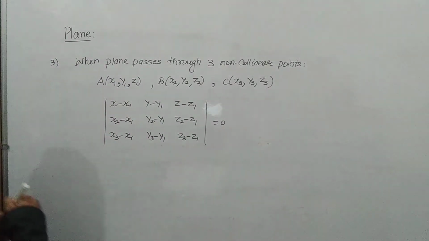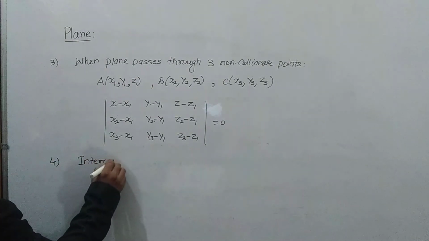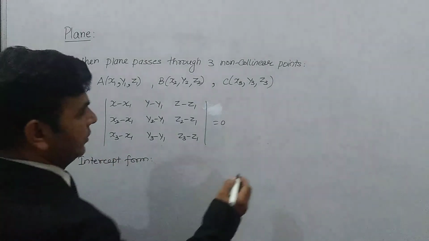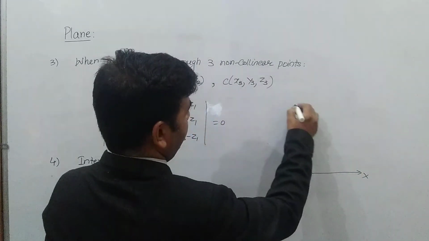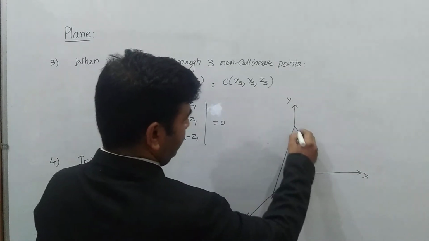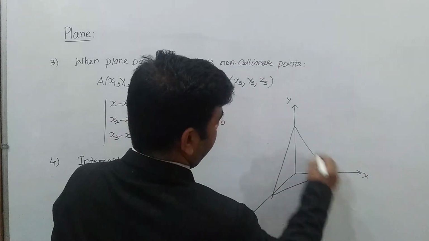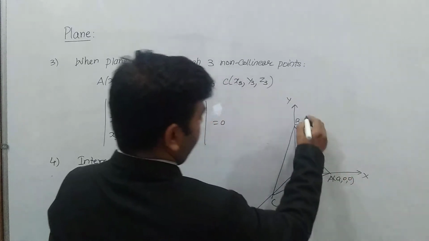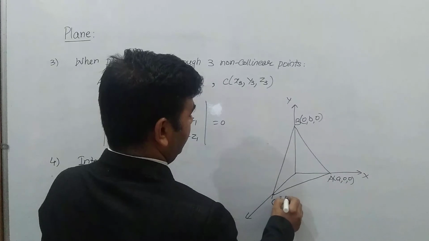This is the fourth type, which is known as intercept form. Let us consider any plane. This is your x-axis, this is y-axis, and this is your z-axis, and this is the plane which is intersecting x-axis, y-axis, and z-axis at the points A, B, and C with coordinates a comma 0 comma 0, 0 comma b comma 0, and 0 comma 0 comma c.